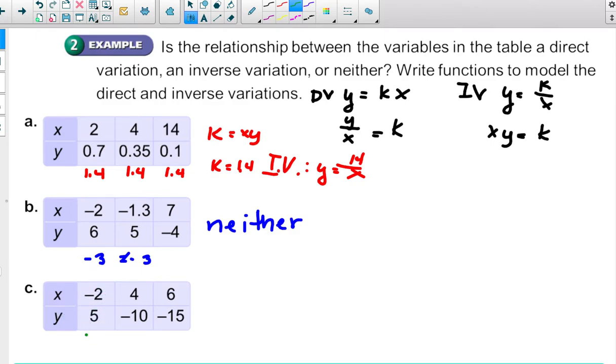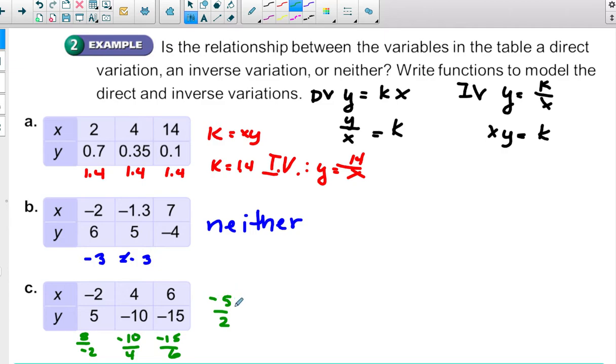So 5 over negative 2, negative 10 over 4, and negative 15 over 6. If we simplify those, we still have negative 5 over 2, negative 10 over 4 is negative 5 over 2, and negative 15 over 6 has a like factor of 3, which would leave us with negative 5 over 2.